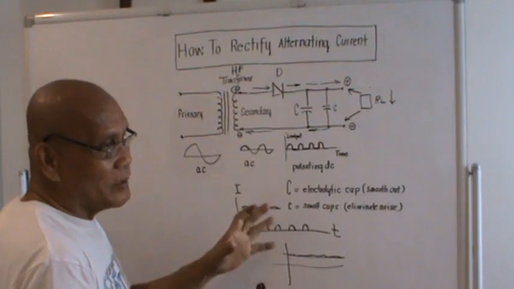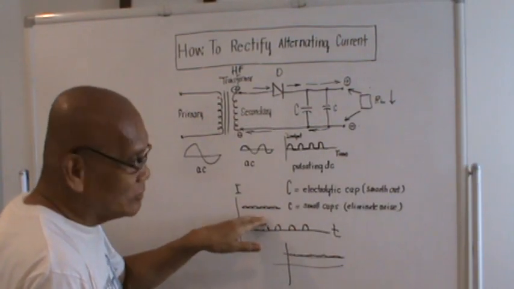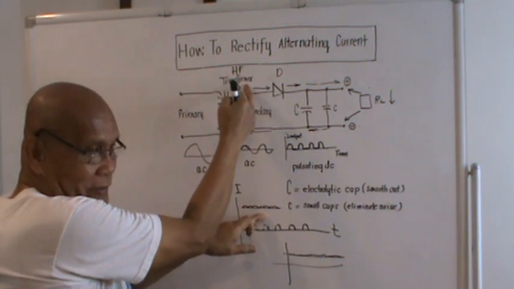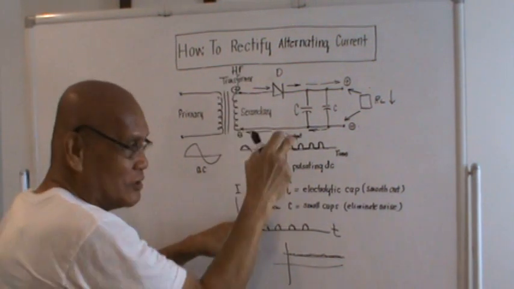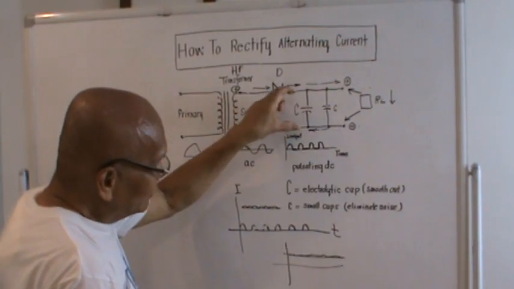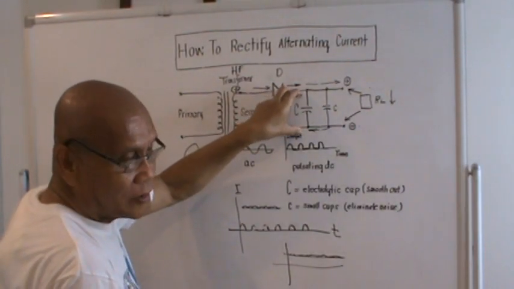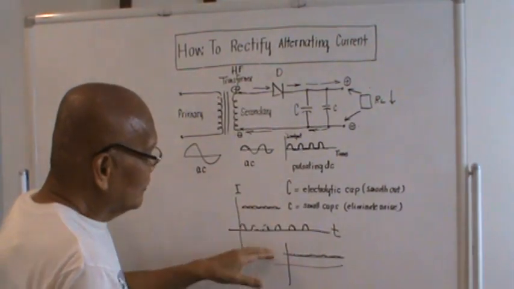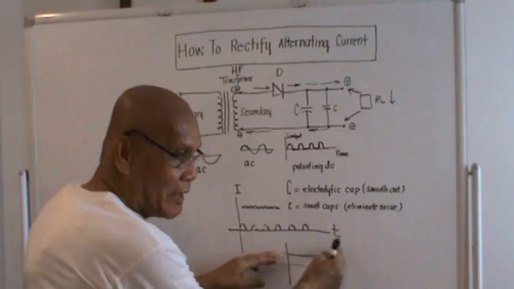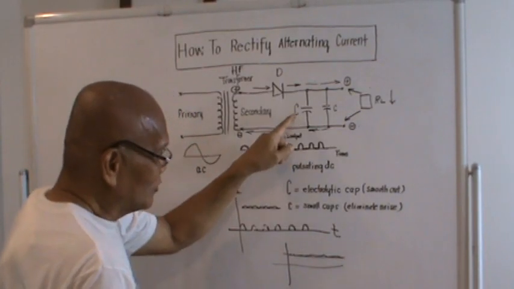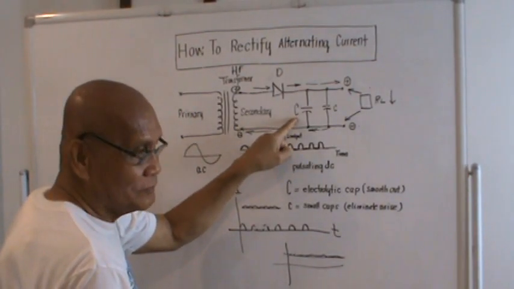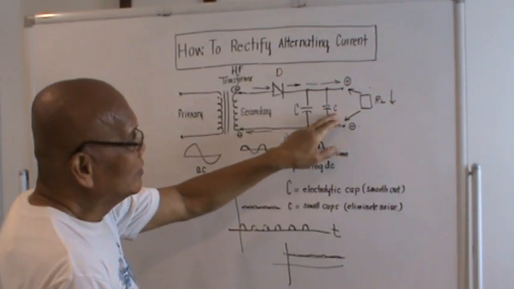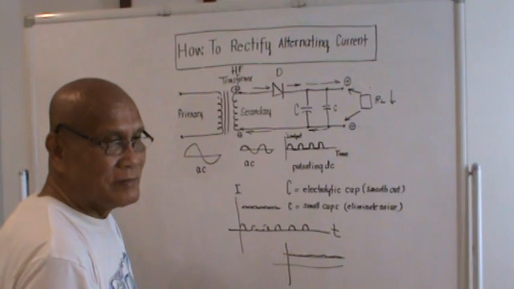So one of the requirements for us to smoothen out the pulsation is actually to use a high frequency transformer. Okay, and as an additional thing, we will connect a big capacitor here, an electrolytic capacitor, to smoothen out the pulsations to an almost perfect horizontal line. So that's the use of the so-called capital letter C here. And this small letter c is actually to filter out noise.